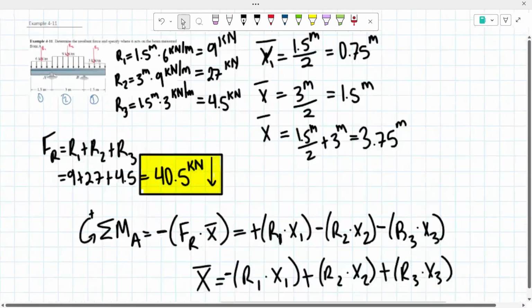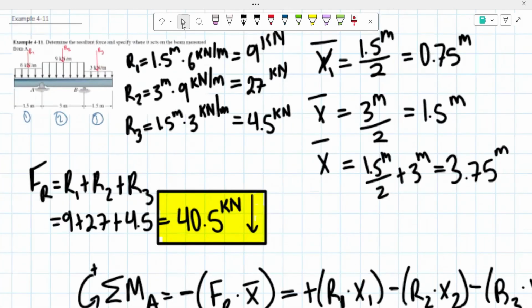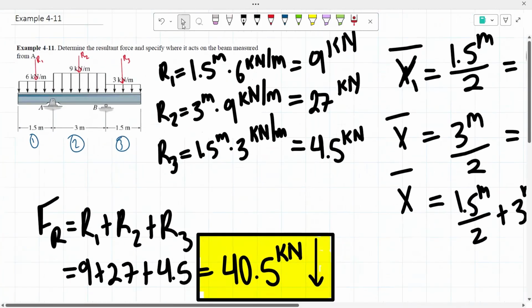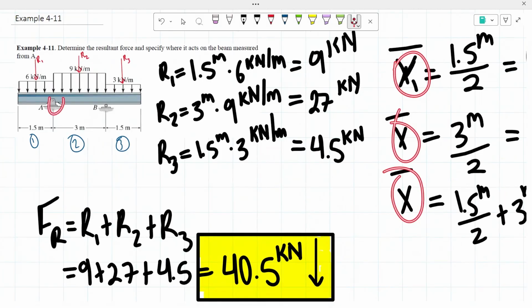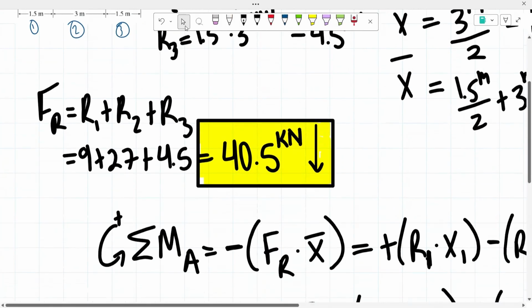So once again, it was asking us to determine the resultant force and to specify where it is on the beam. Since we had three different constant loadings, we found the concentrated force of each of those loadings. From there, we took the locations of each of them from point A. Then we summed up all the forces to determine the magnitude of our resultant force.